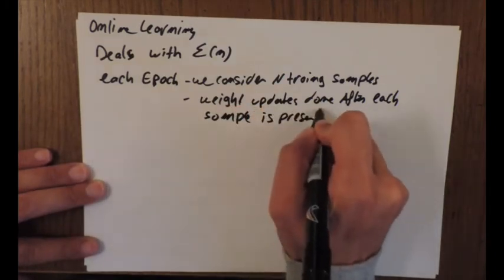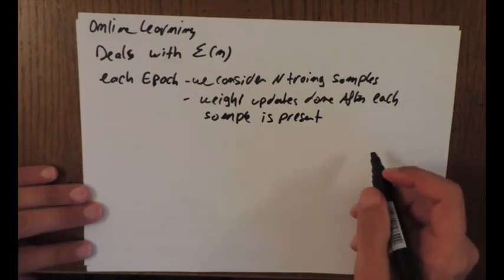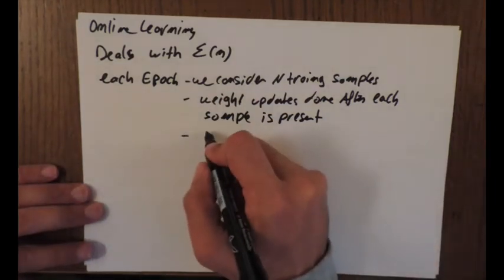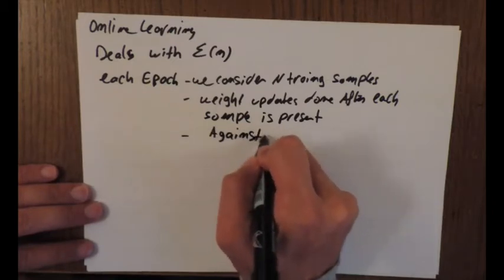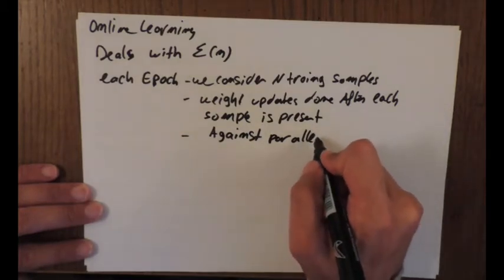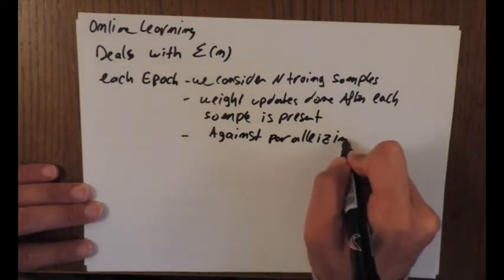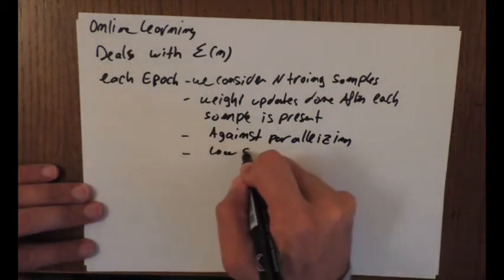So if we present a sample and then we update the weight, this goes against parallelism. However, it has low storage.